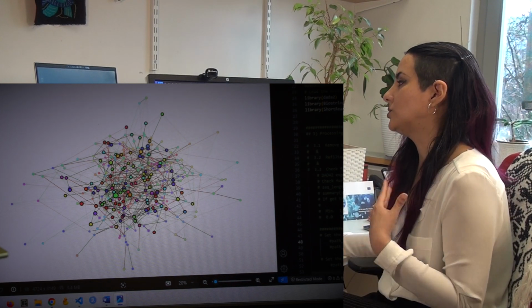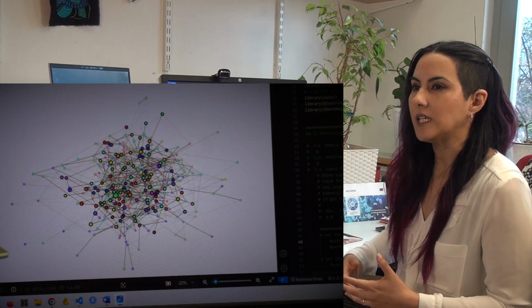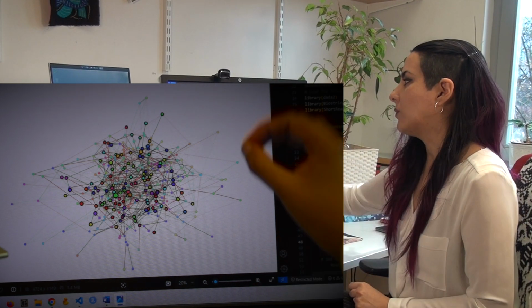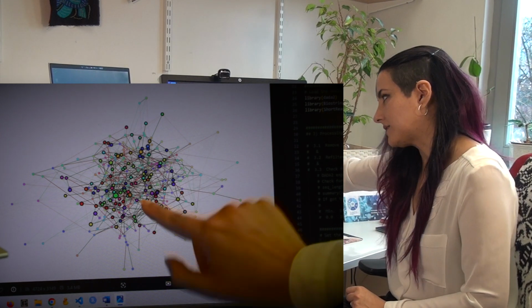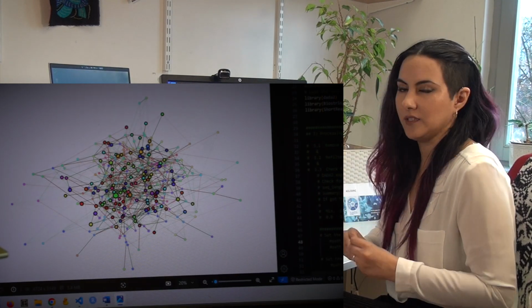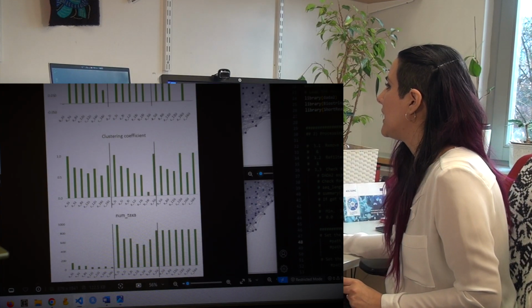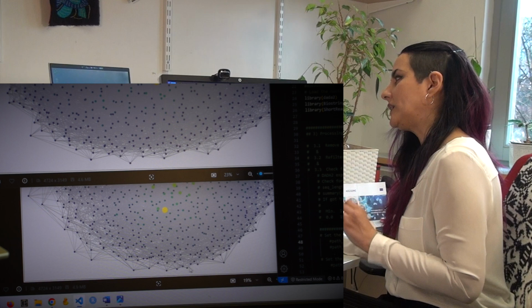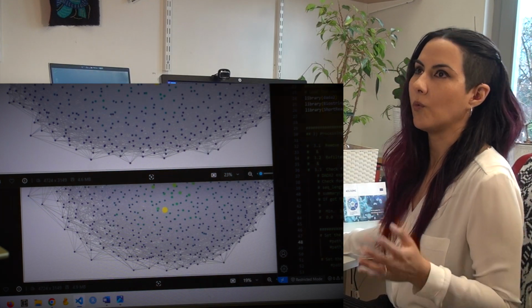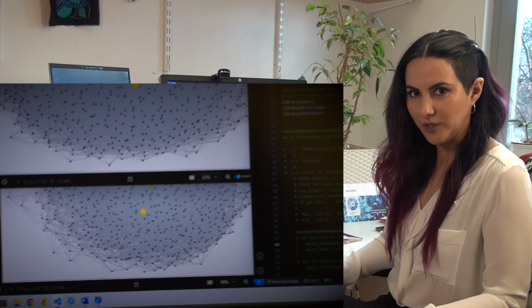And I had to do several steps for double checking what the role is of all of these dots, because all of these dots represent different taxa in the community. And I really want to know which ones are the most important of the whole community.